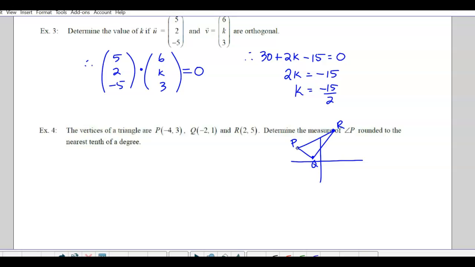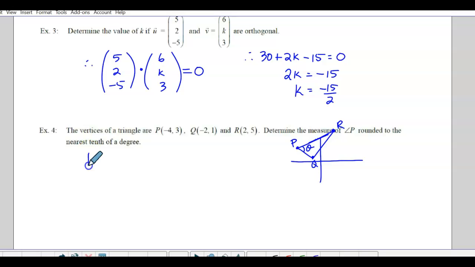It says determine the measure of angle P rounded to the nearest 10th of a degree. So back in Math 10, you would find the lengths of all of them and use the cosine law. Now that we know vectors, really, we just want to know vector PR and vector PQ, and then use the dot product definition to calculate the angle in between.